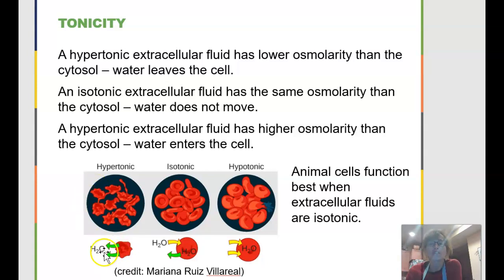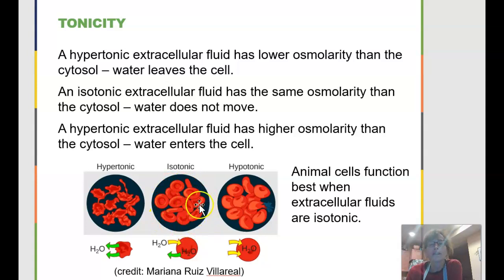It's going to move this direction, out of the cell. And what you see here, the result of that is, look how these red blood cells that were normally kind of disc-like, have now started to shrivel because water is leaving them and going out.